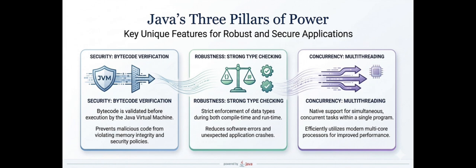It catches potential type mismatches and syntax errors early, before the code executes, and it reduces unexpected application crashes and logic flaws. The next feature is multi-threading for concurrent tasks. Java natively allows a single program to execute multiple paths, or threads, at the same time. It greatly improves performance in heavy applications or network servers, and it maximizes the use of modern multi-core processors.